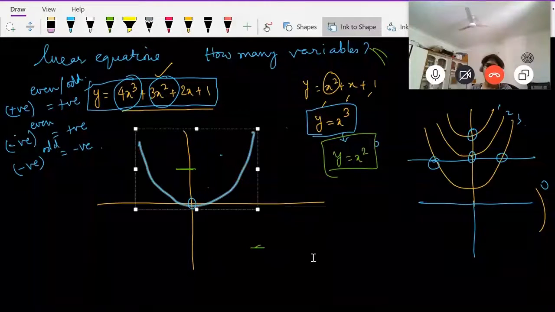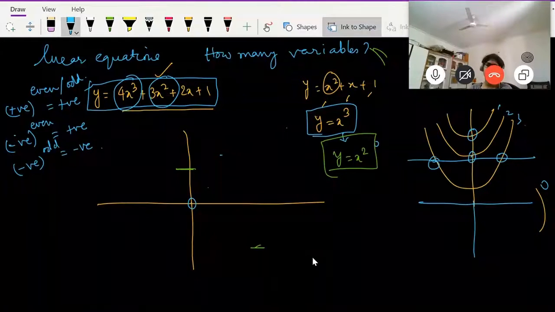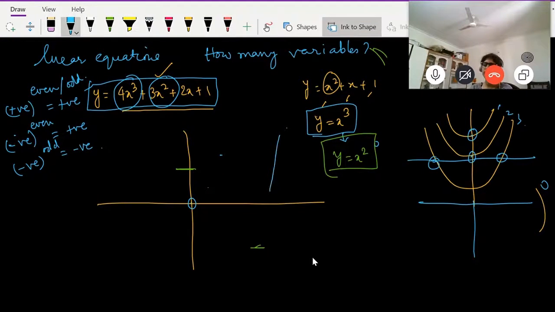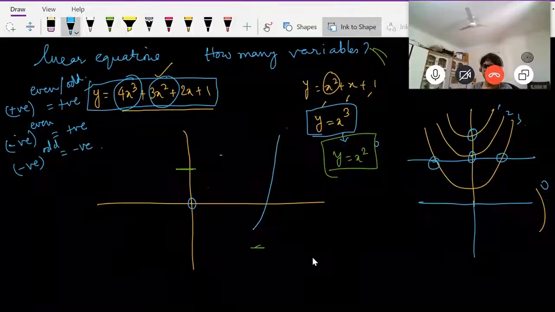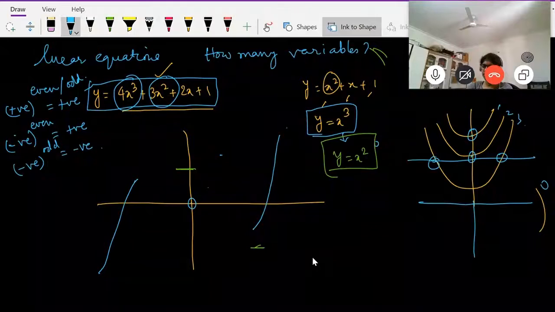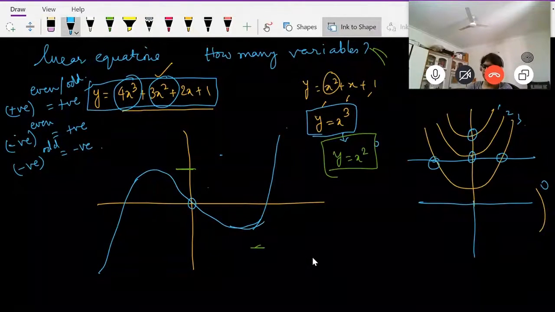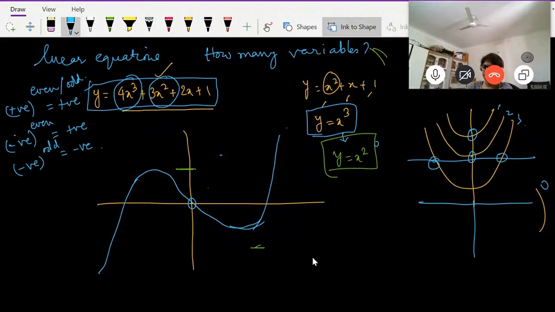So that is why it is as if the curve is divided into two parts. One is behaving like the cube function, and the other one is behaving like the square function. You get it?